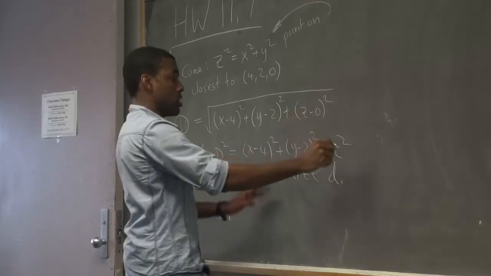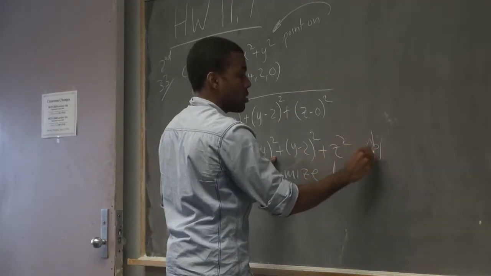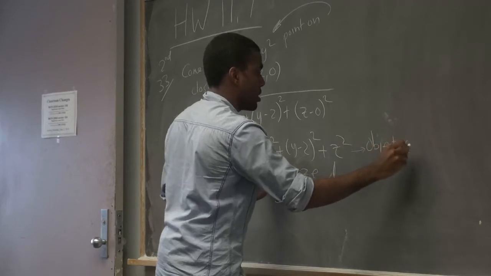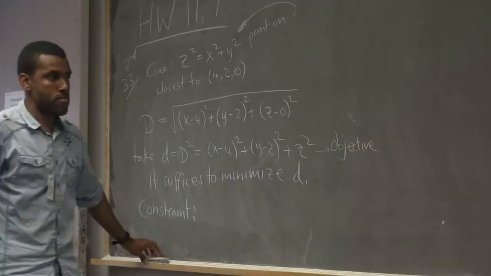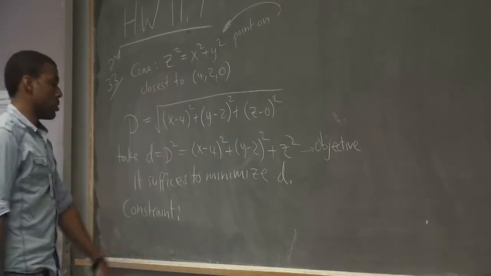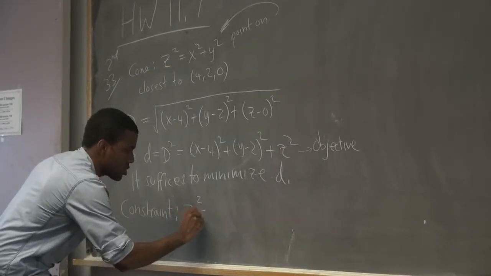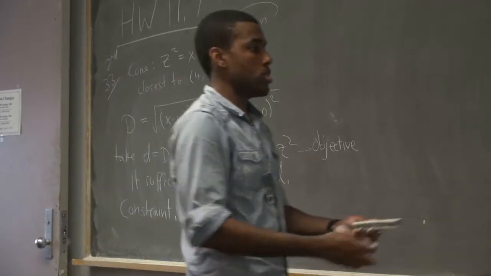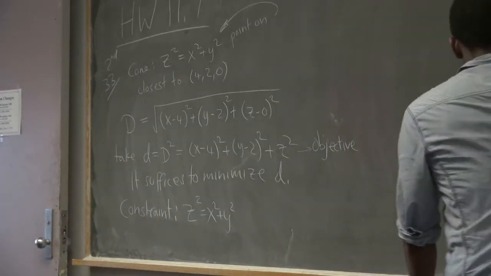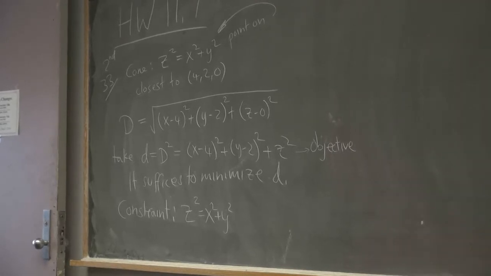This is actually your objective equation here. Remember that term from Calc 1? So that's your objective equation, and you have a constraint equation, which is the actual equation of the cone. The constraint is that z squared must equal x squared plus y squared. You can substitute your constraint into the objective and find the minimum point.